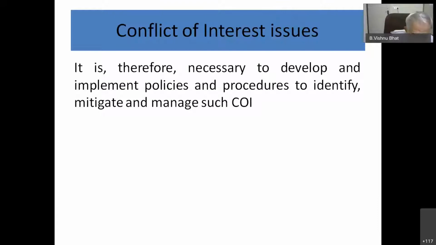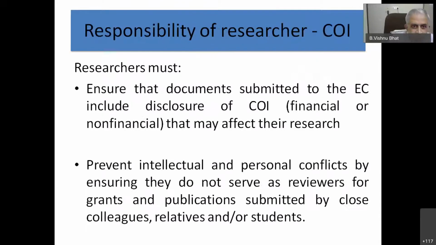What we will do is identify the conflict of interest. Ensure that all documents, including those on conflict of interest, like financial support you have received, or whether the trial has been given by a drug company, are disclosed to the ethics committee. Ethics committee members will discuss and decide whether the conflict of interest is major or minor, whether it can be allowed or not allowed.